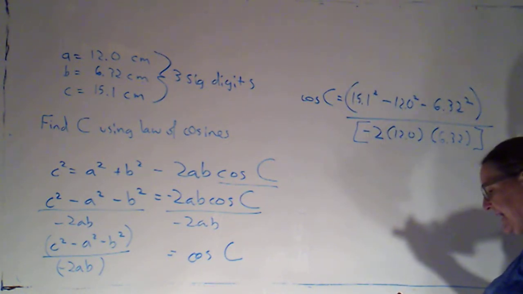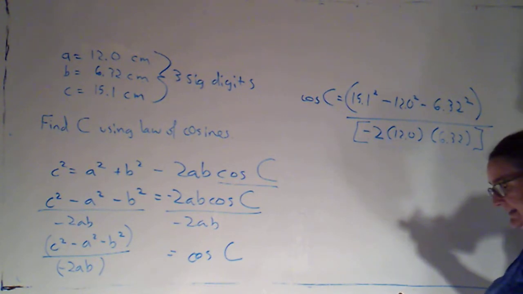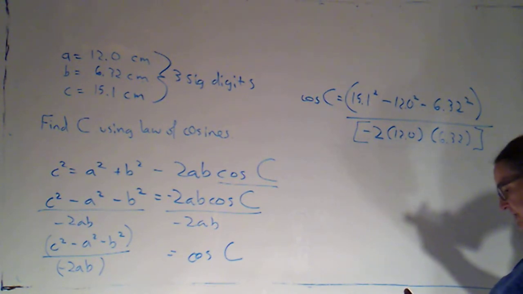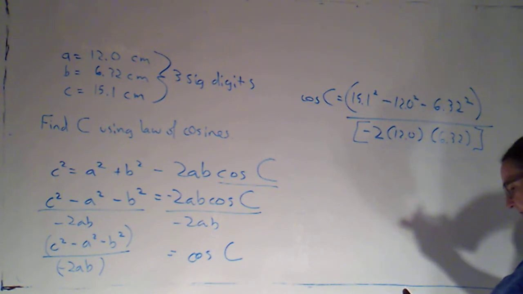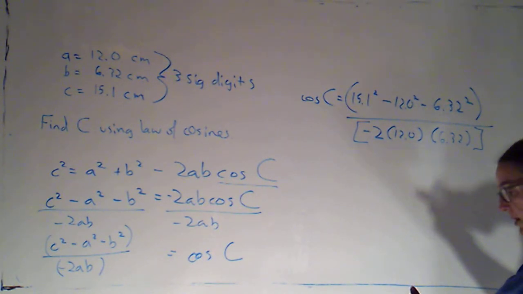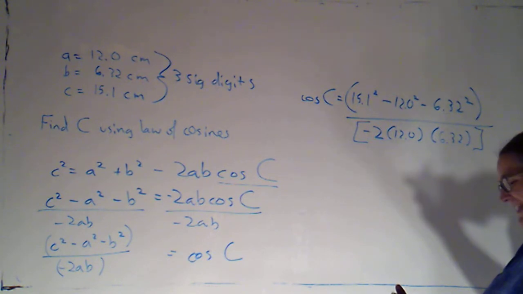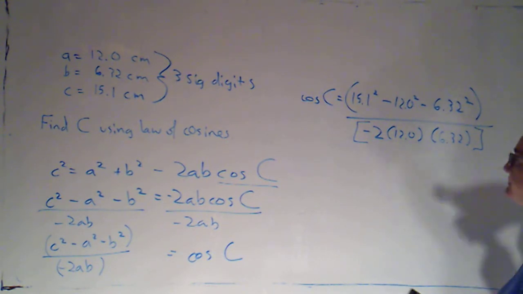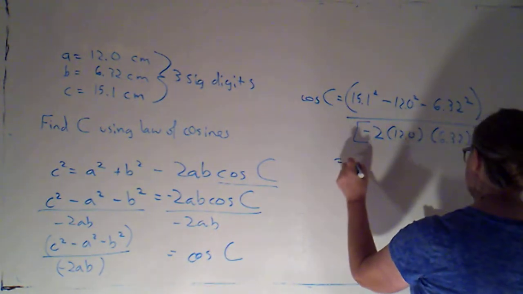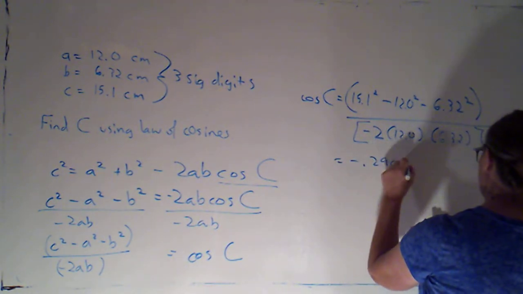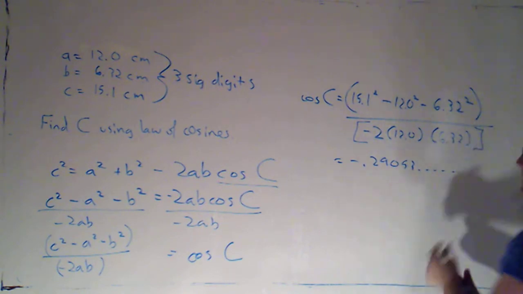Now I'm dividing by parentheses, negative 2 times 12.0 times 6.32, close parentheses. Then I'll hit my equal sign, and I get negative 0.29053, and so on.